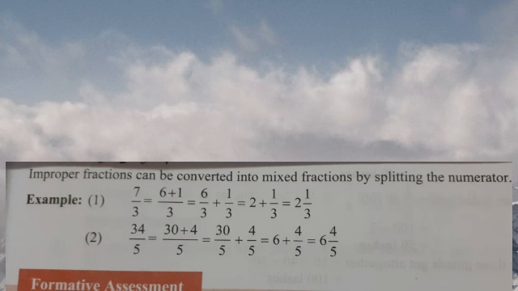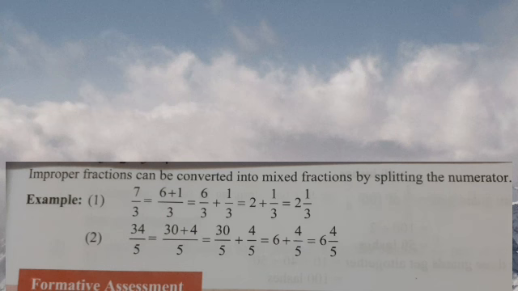Let's see one more example. 34 upon 5. 34 upon 5 is an improper fraction because here the numerator 34 is greater than the denominator 5. So let us convert the improper fraction to a mixed fraction. How can we convert an improper fraction to a mixed fraction? We split the numerator, here 34, into 30 plus 4, upon 5.